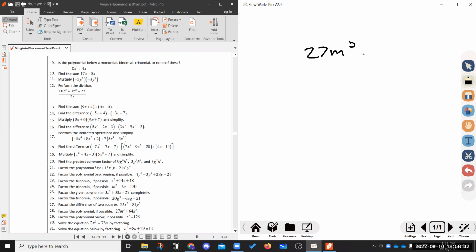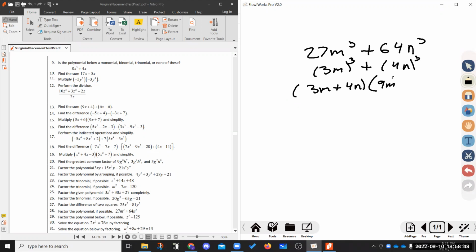27m cubed plus 64n cubed is going to be 3m cubed plus 4n cubed. That's going to give me 3m plus 4n times 9m squared minus 12mn plus 16n squared.